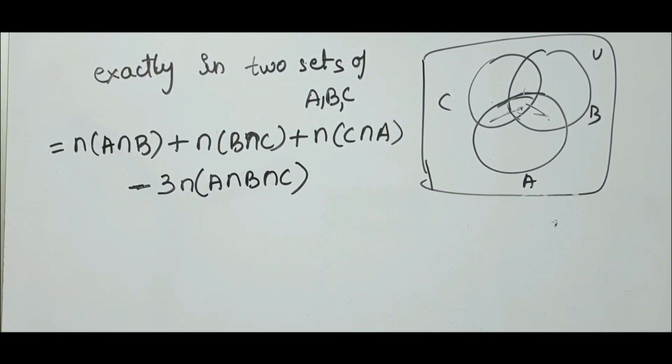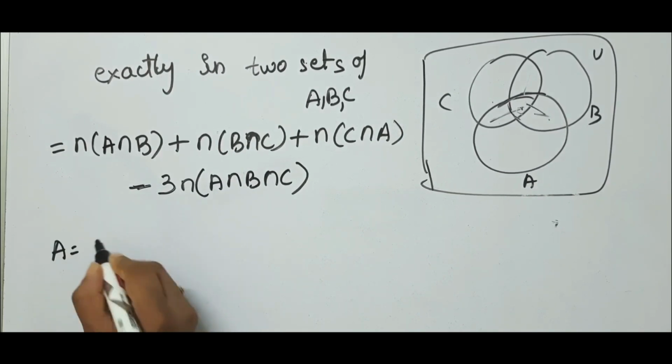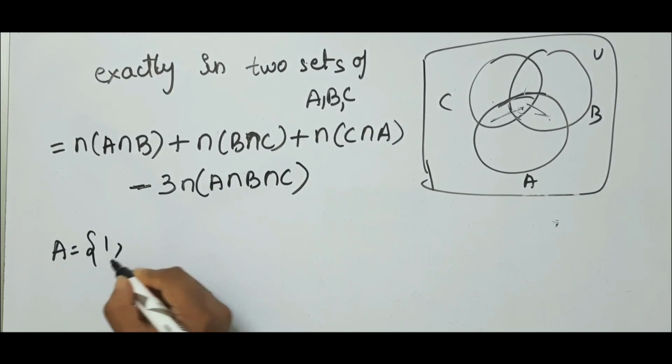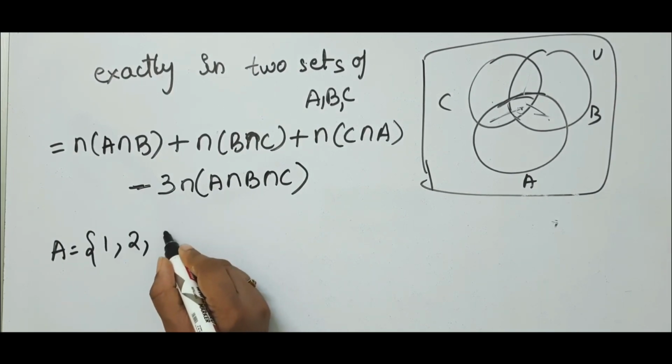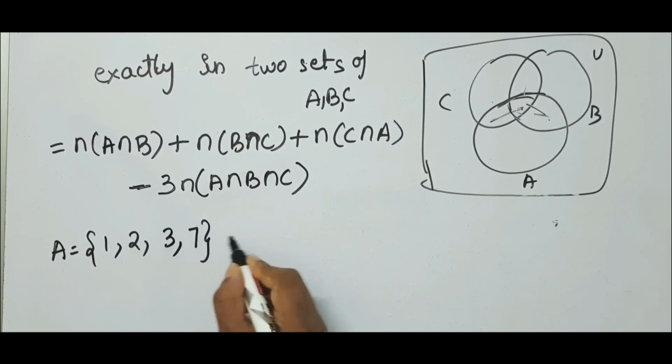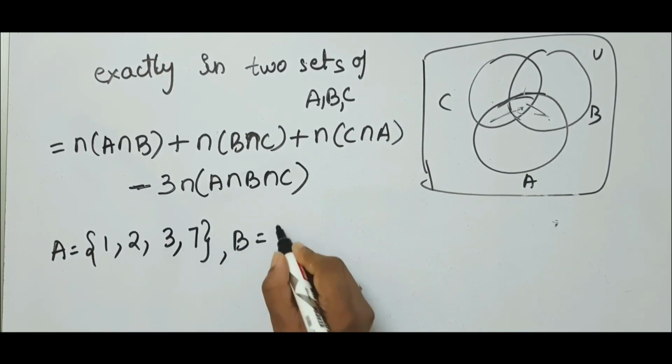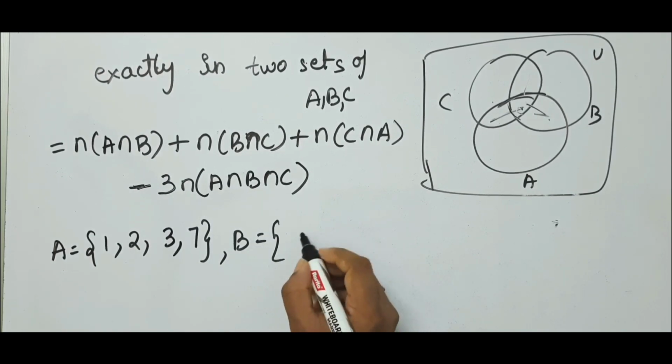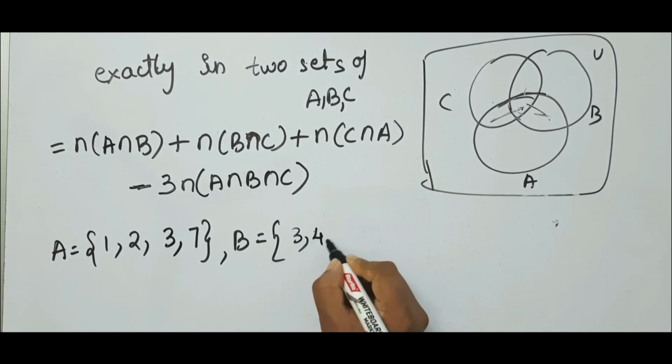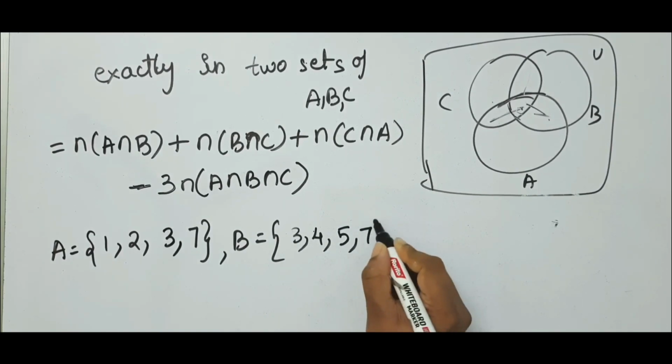For example, let us take A equal to the set {1, 2, 3, 7}. Set B is equal to {3, 4, 5, 7}.